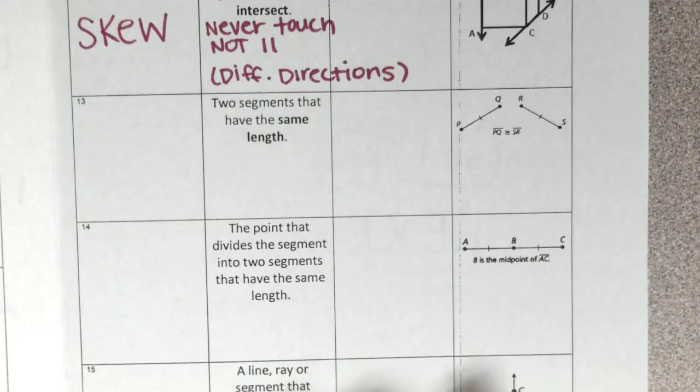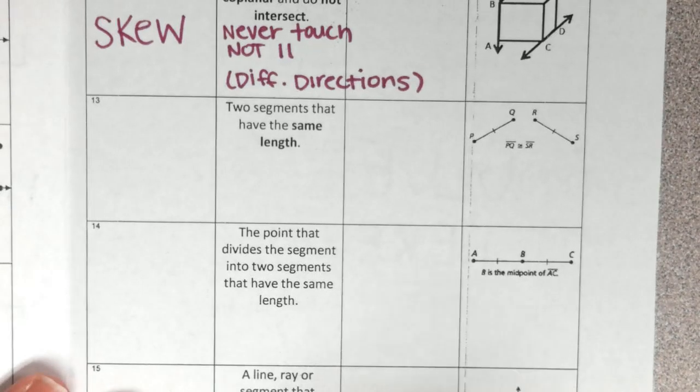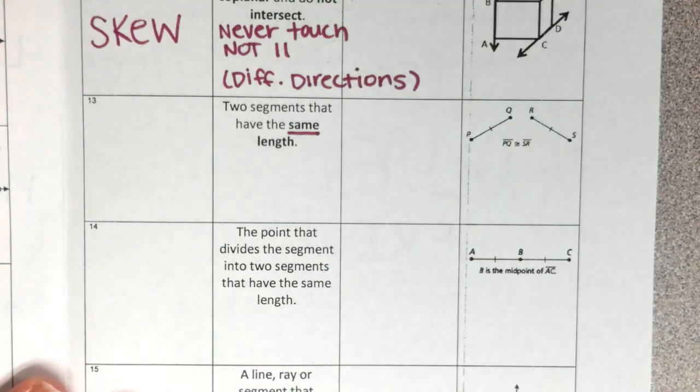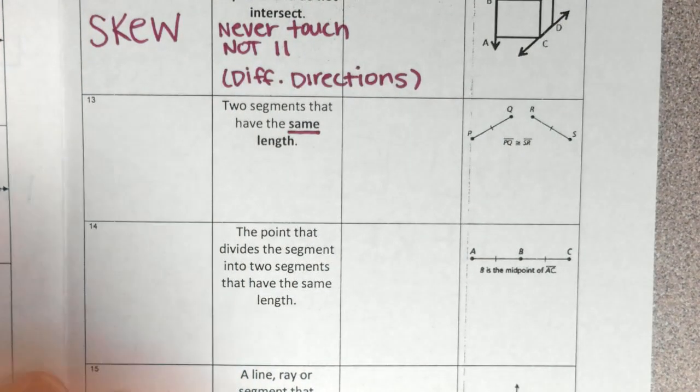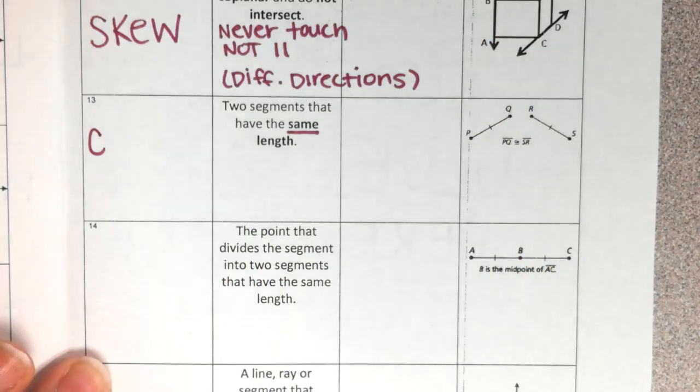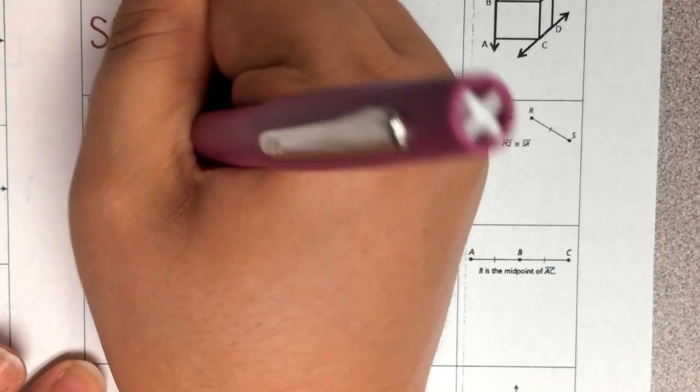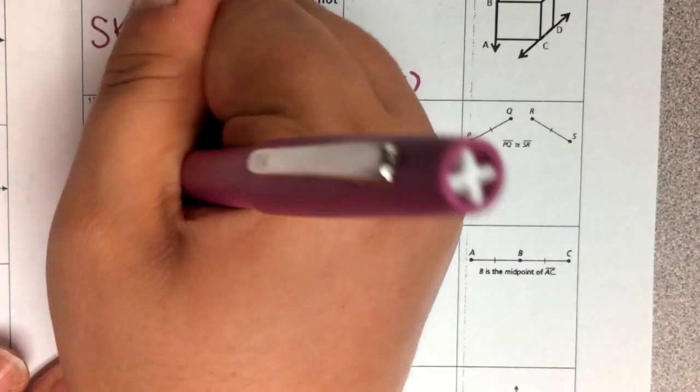All right, we're almost done. What about two segments that have the same length? What's the word that means the same in math? Similar actually is not the same, but close. Congruent. So, congruent segments.